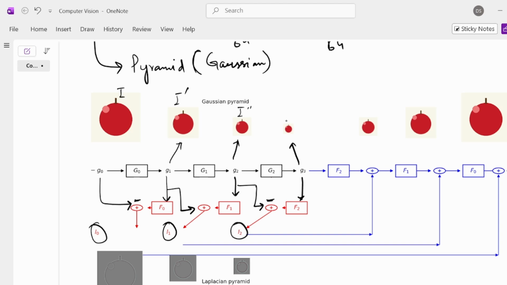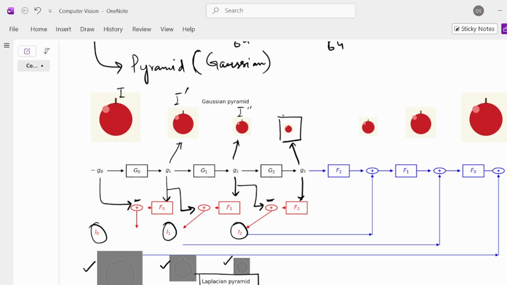So now look here, even if I send this image, I have details available to me in terms of these various resolutions. And if you look here, these are the high pass variants, and the high pass variant is basically the Laplacian pyramid.